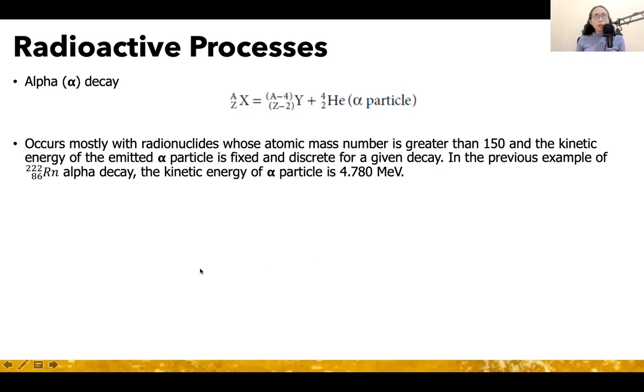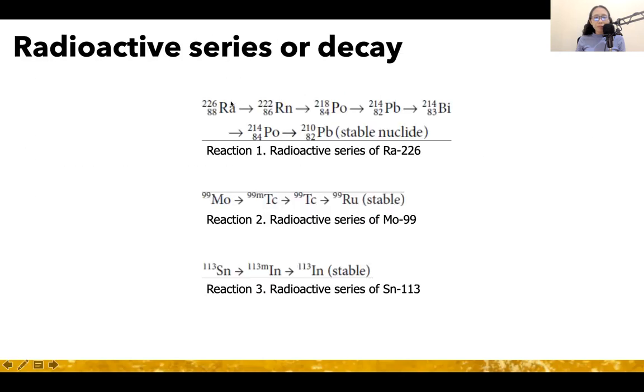So if we consider, for example, the alpha decay of radium 226, if you notice, that's an alpha decay, right? Forming radon 222. Okay, the alpha particle released in this alpha decay. So I'm talking about the first step, which is radium 226 undergoing alpha decay to form radon 222.